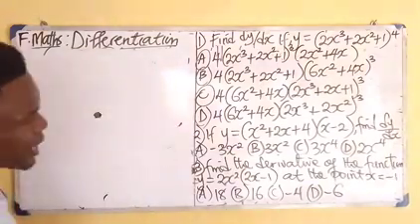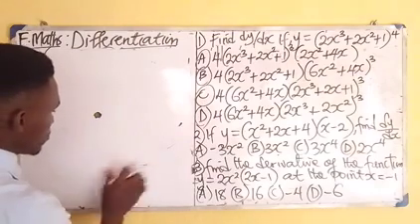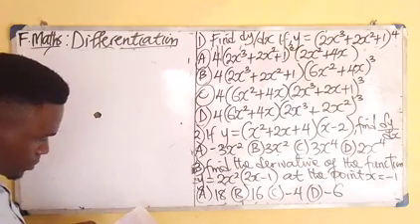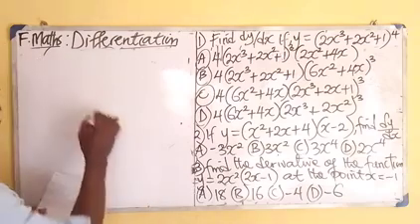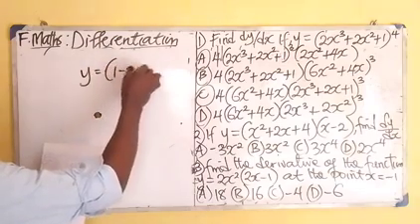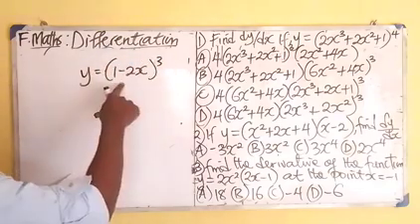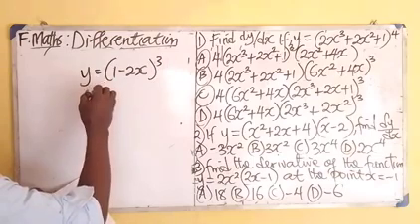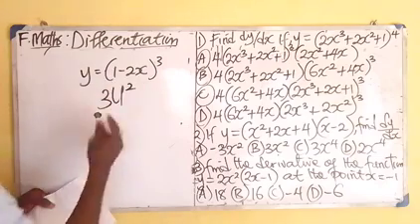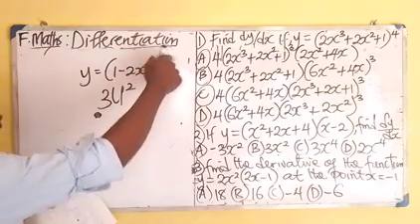All right. Which one did I write on the board just now? We had y equal to 1 minus 2x raised to power 3, right? This was the question. Then it means that you would have gotten it to be 3u squared. That was a mistake now because we already have 3 here, so we'll remove 1.